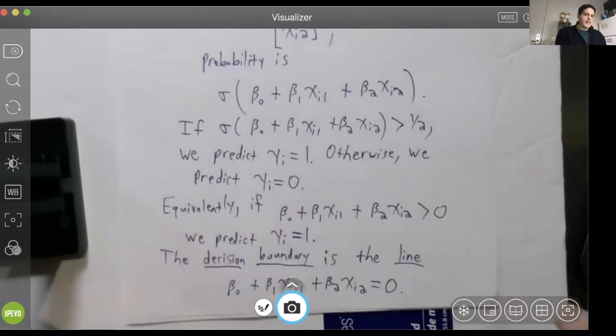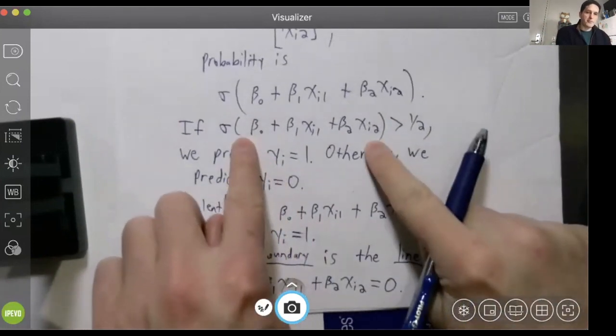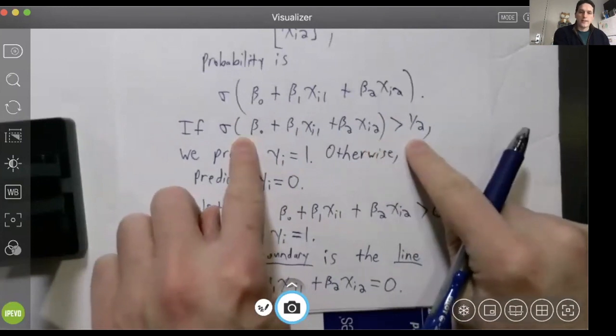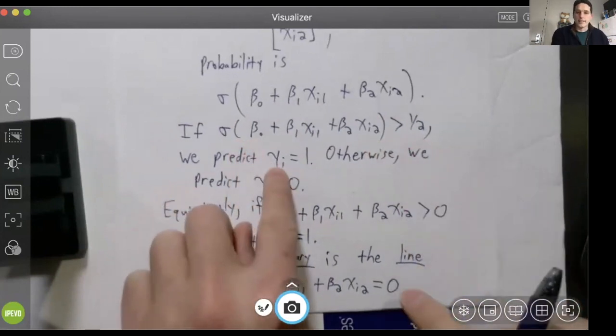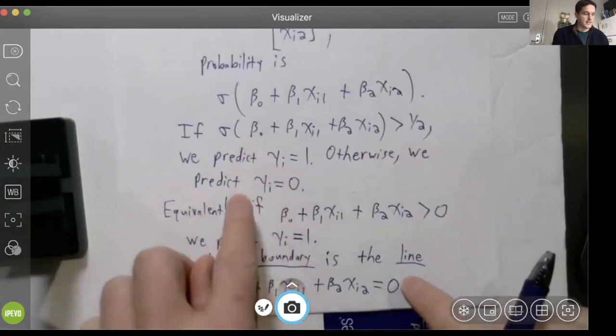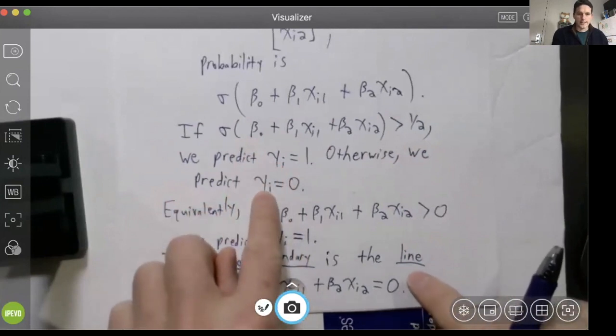And if our predicted probability is greater than 1/2, we predict that the class is 1. Otherwise, we predict that the ith training example belongs to class 0.